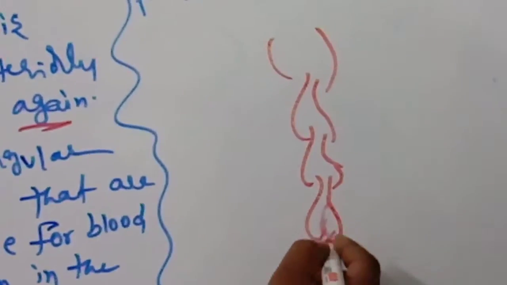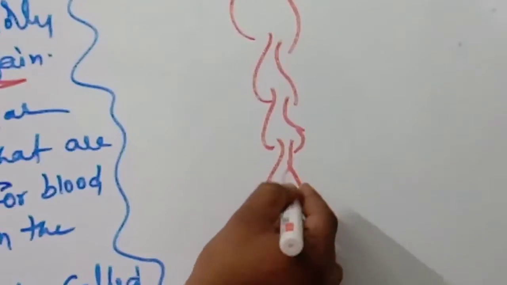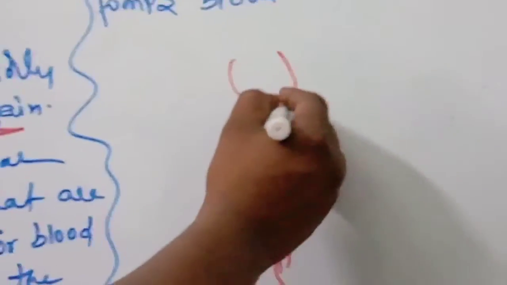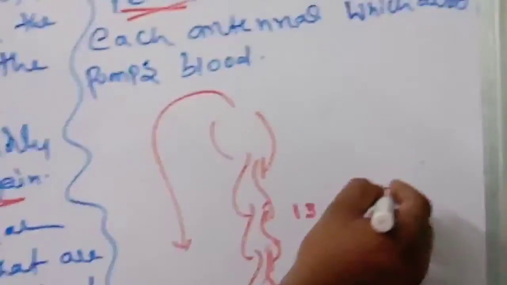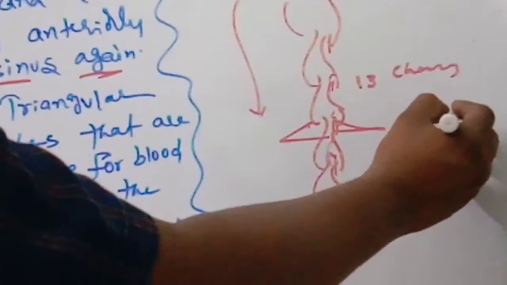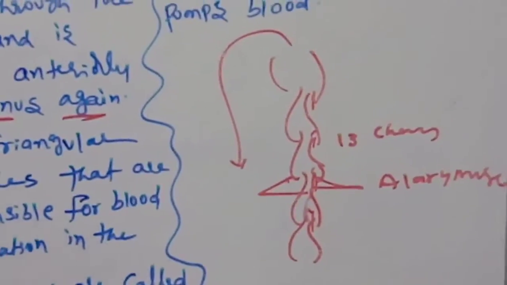Like this, it will open and blood will flow. When closed, blood will not flow. This is the ostia. These are the 13 chambers of the heart. Alary muscles are also present in the circulatory system of the cockroach.